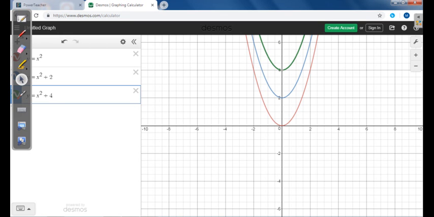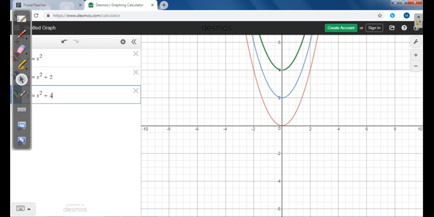And the reason it went up 4 is because I'm adding 4 to my original function. Just because k is 4. So what value of the vertex changed? You told me, the x or the y? The y, right?